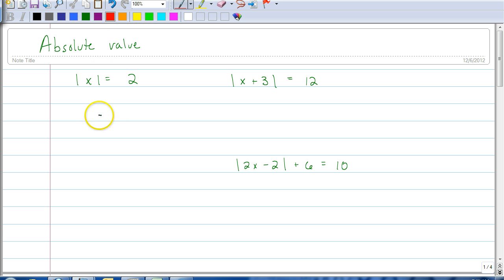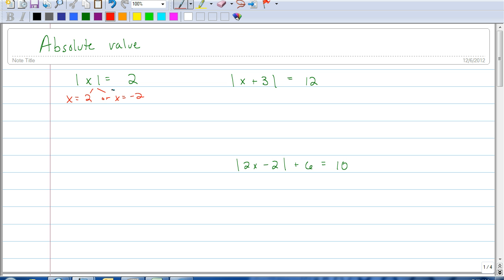Well, you could put 2 in there, and the absolute value of 2 would give you 2. Or you could put -2 inside the absolute value, because the absolute value of -2 would also be 2. So in other words, x could equal 2, or x could equal -2. So there's 2 separate answers that we could have there, 2 or -2.